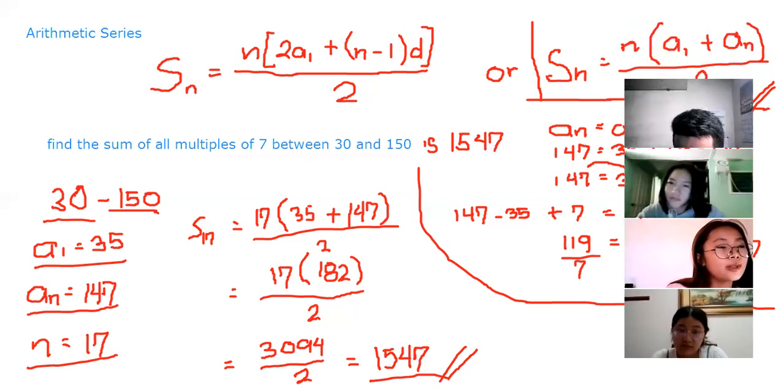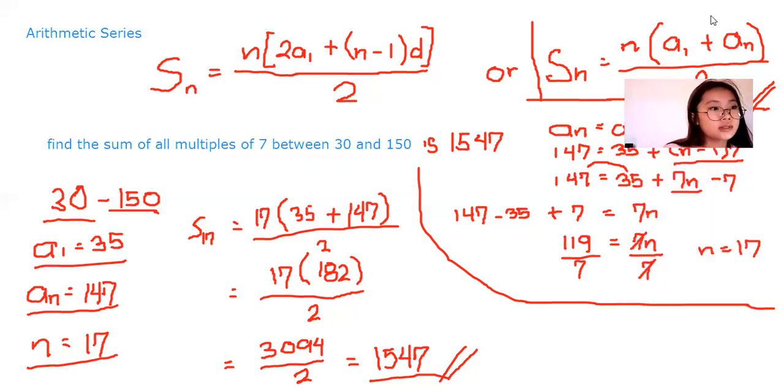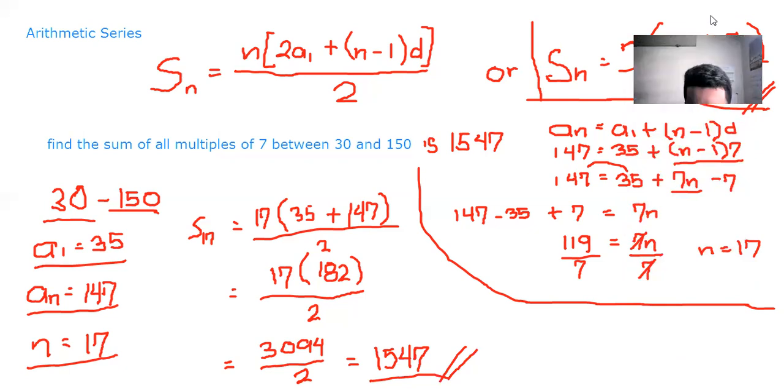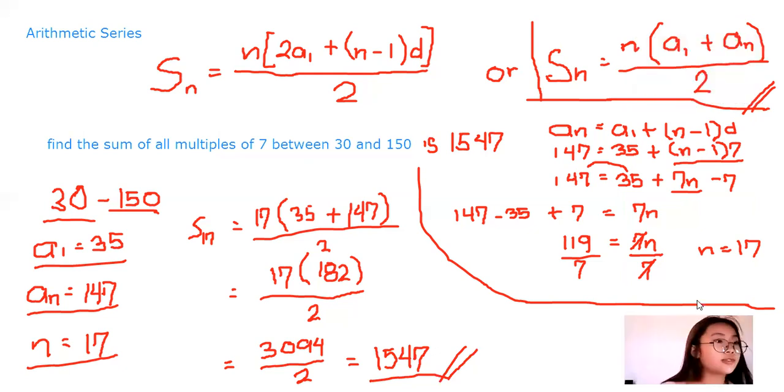Tapos, paano po naging 35 plus 147? Di ba po dapat ano yun? 2 plus 35? Ay, dito ba dito?